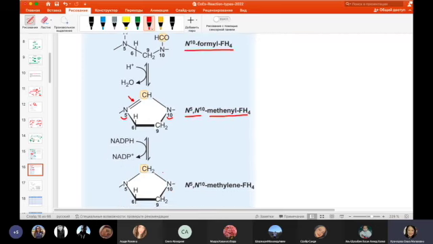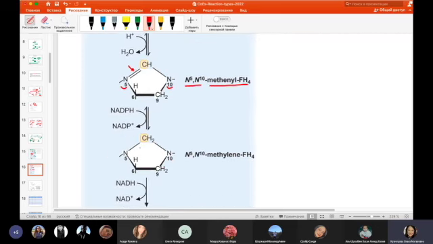Reduction of this double bond leads to formation of another form. It is called N5,10 methylene tetrahydrofolate. Single bonds. In both cases, the bridge between N5 and N10.